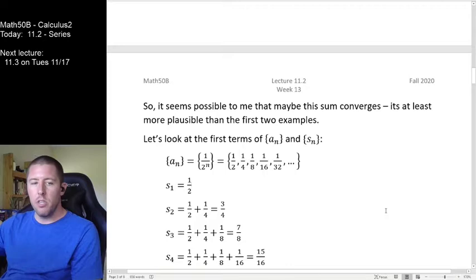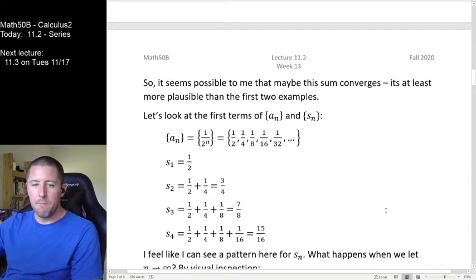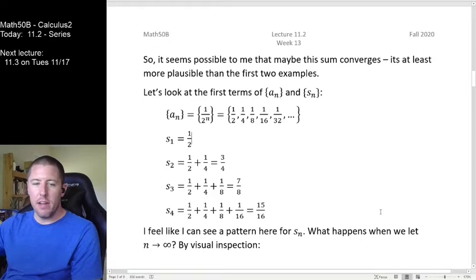What I want to ask you is, can you see a pattern for the sequence? For example, could you tell me what S sub 17 is going to be? I feel like I can see a pattern here. And the pattern that I feel like I'm seeing is associated with that number n, for example, being 4, and our final denominator.